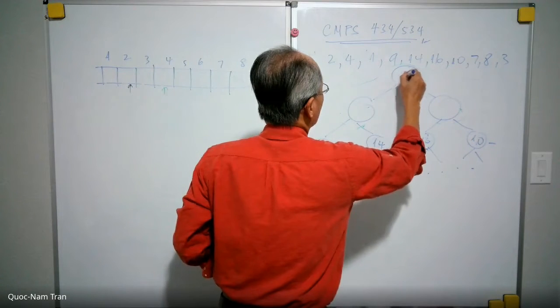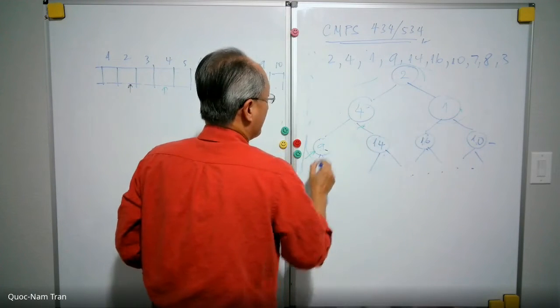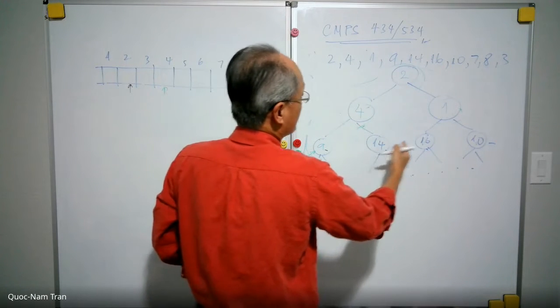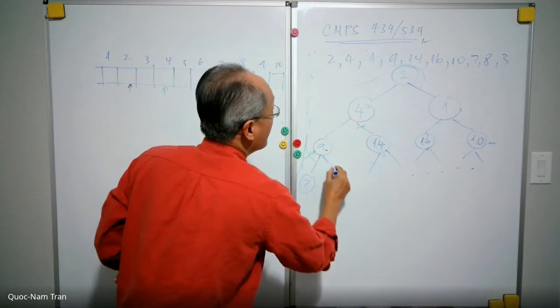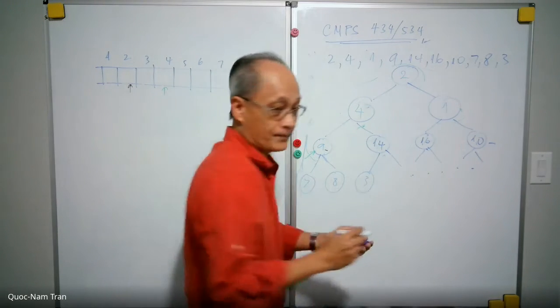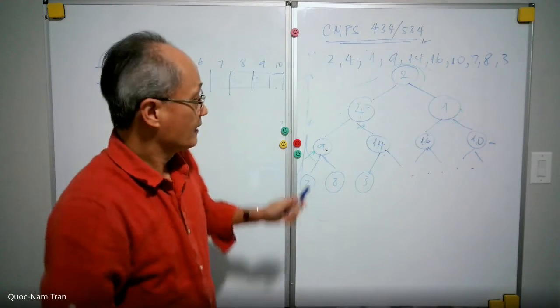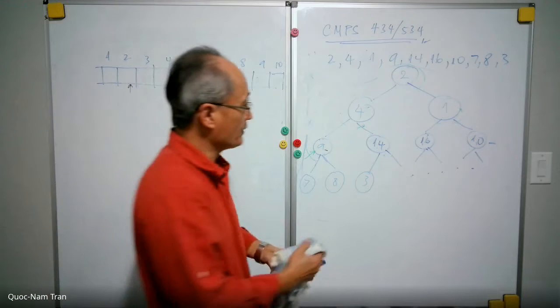We have 2, 4, 1, 9, 14, 16, 10, 7, 8, and 3. This is the list of input numbers.